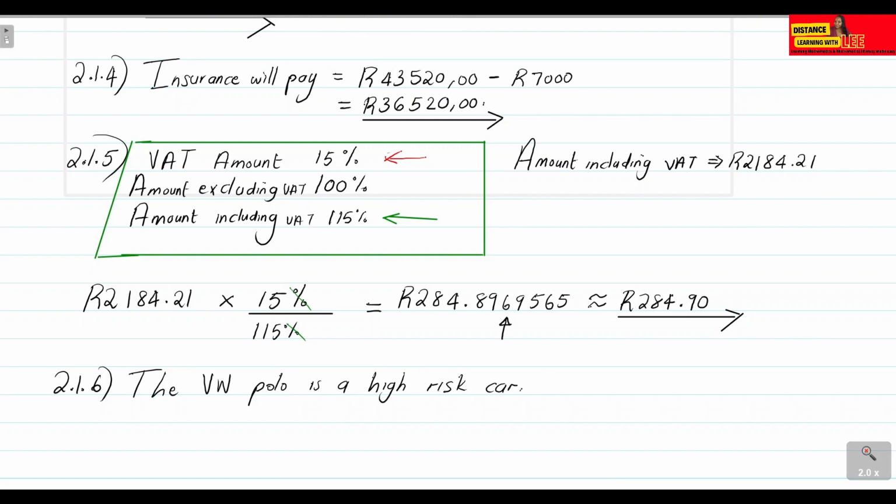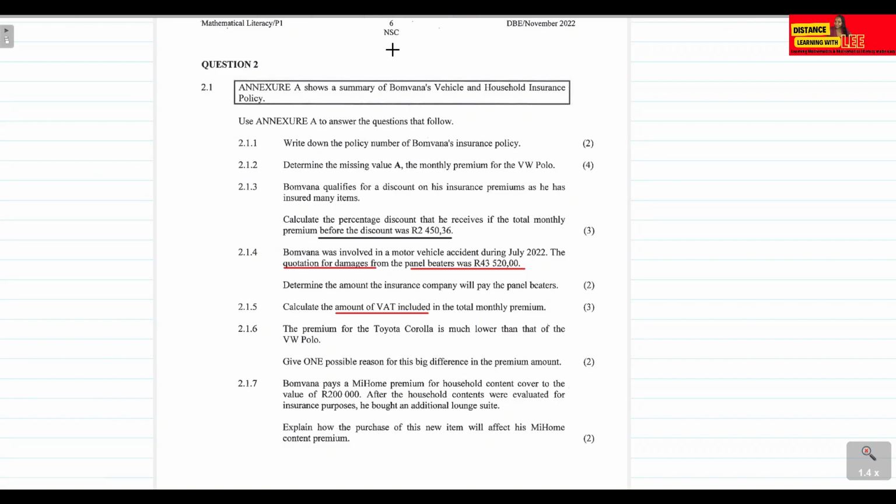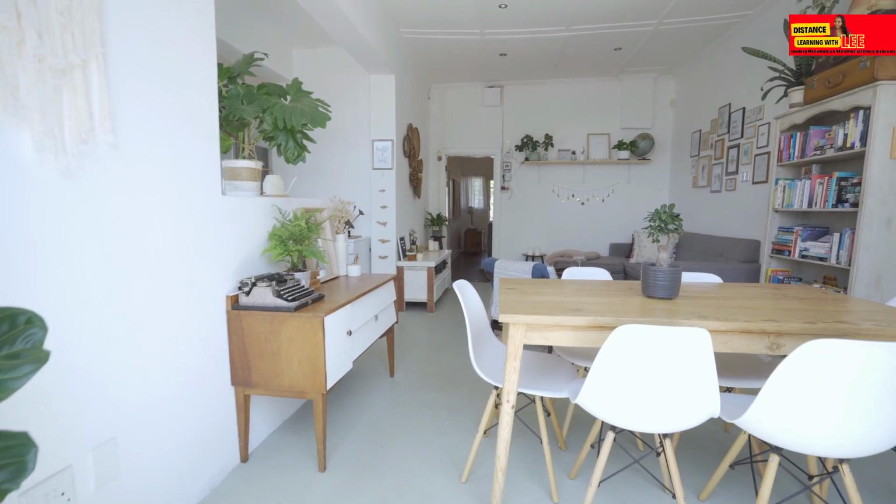Okay, so that is why maybe the premiums of the Toyota Corolla is much lower than that of the VW Polo. Okay, question 2.1.7. Bomvana pays a My Home premium for household content cover to the value of 200,000.